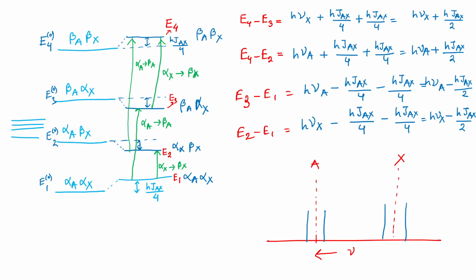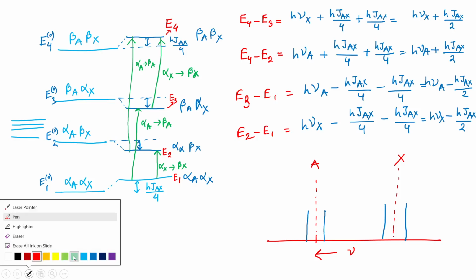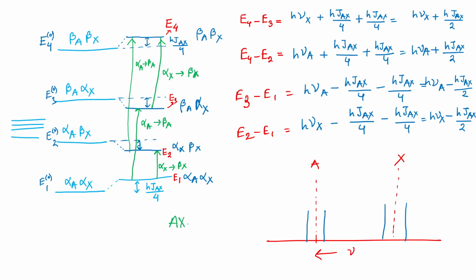So for an AX2 kind of a system, this A line is again going to split, using the same thing. Every line will be split, meaning A: half will come from here and half from this splitting.